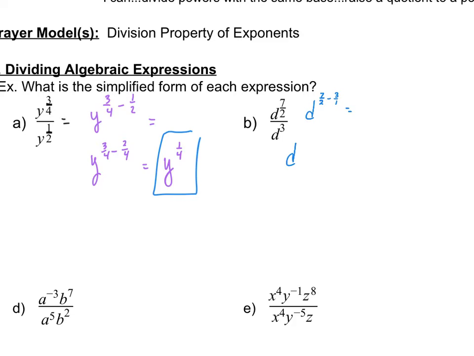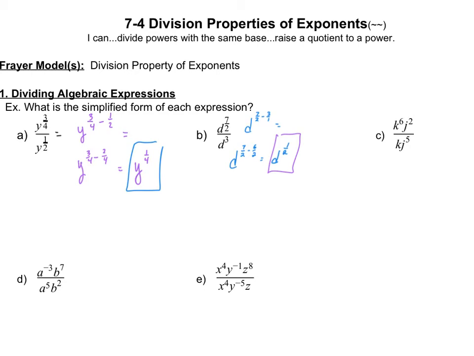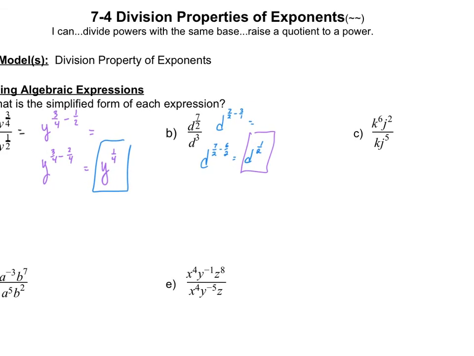So that becomes d to the 7/2 minus 6/2, or d to the 1/2, simplified down. And so again, when we are dividing like bases, we subtract those exponents.